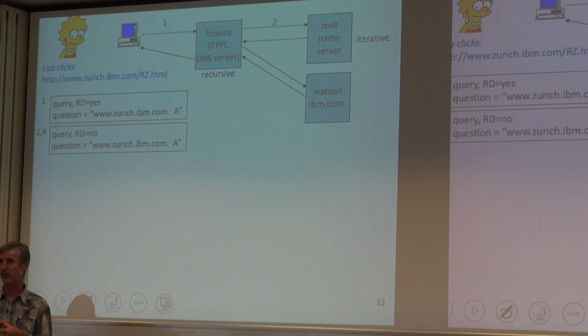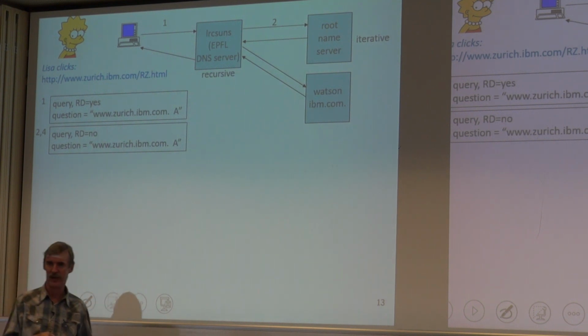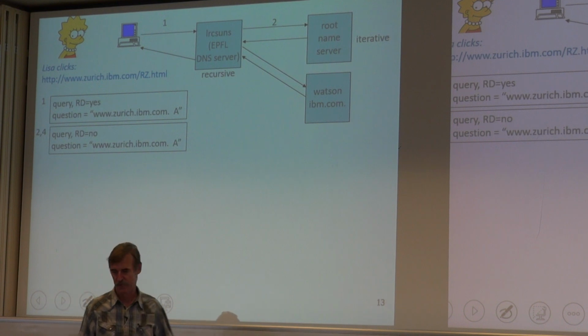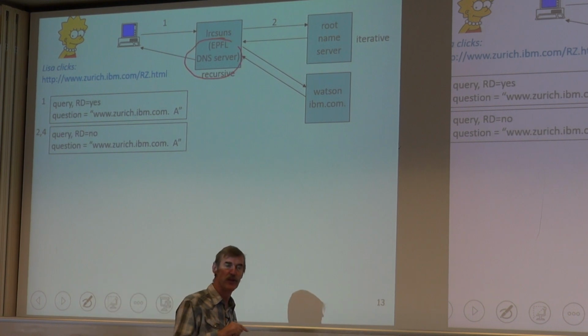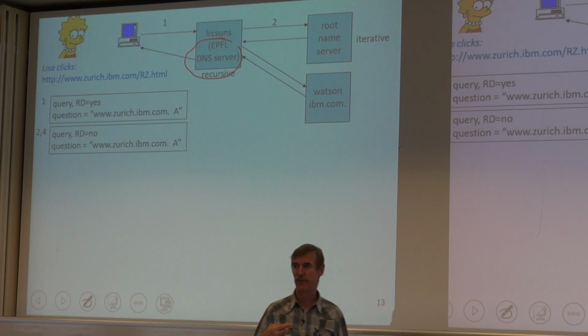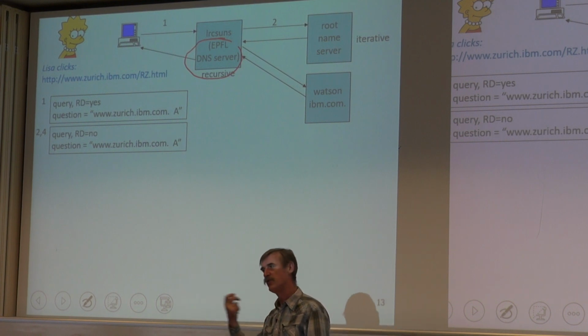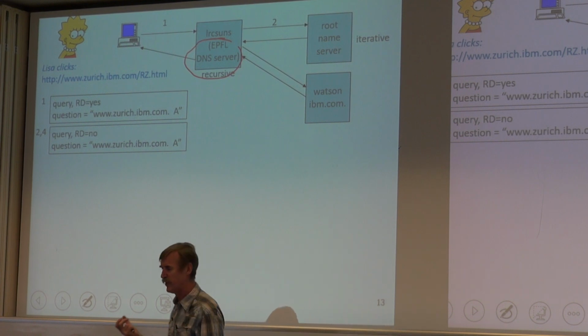So typically it's a service you provide to your customers. It's not a service you provide to anybody. Here, the LRC SUN S, which is the DNS server configured in the PC, remember, with DHCP or whatever, the PC needs to know what is the DNS server IP address.